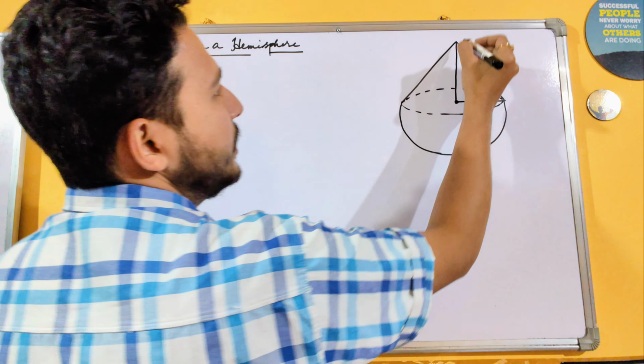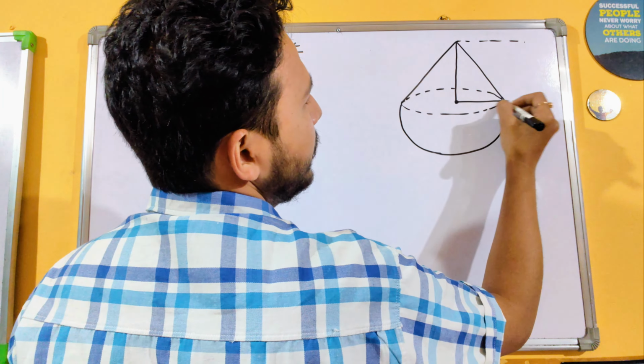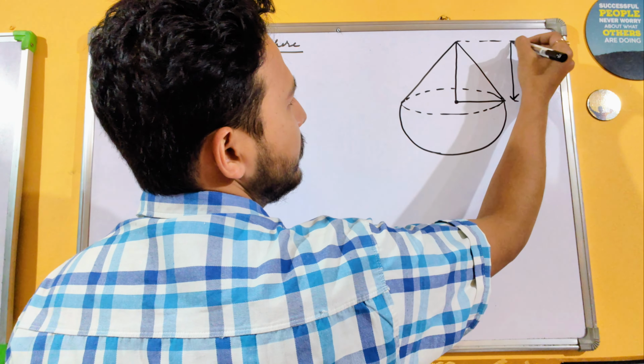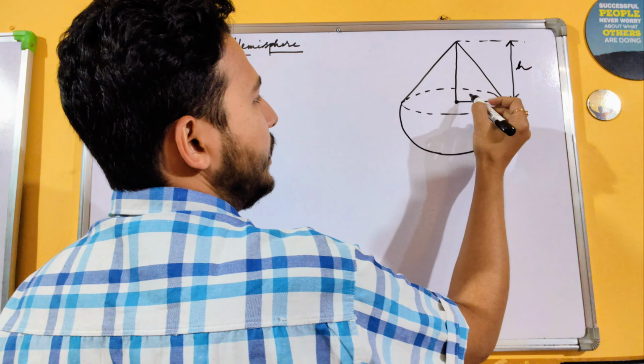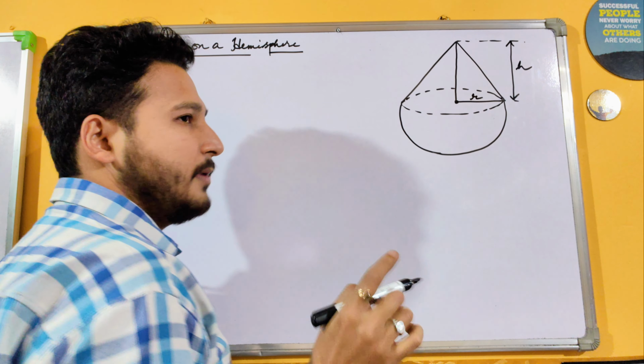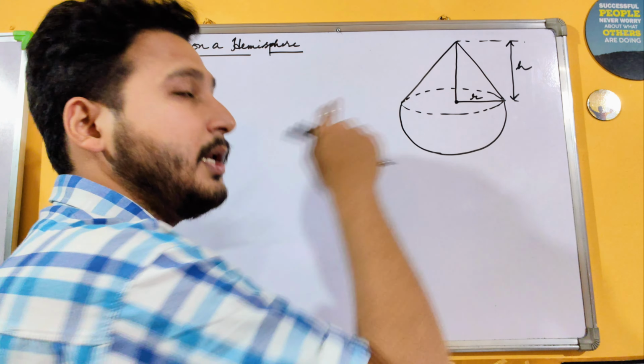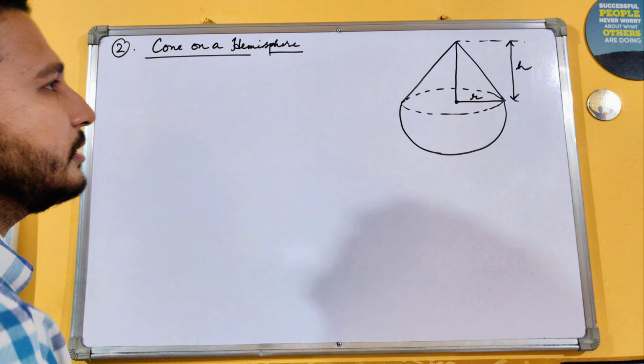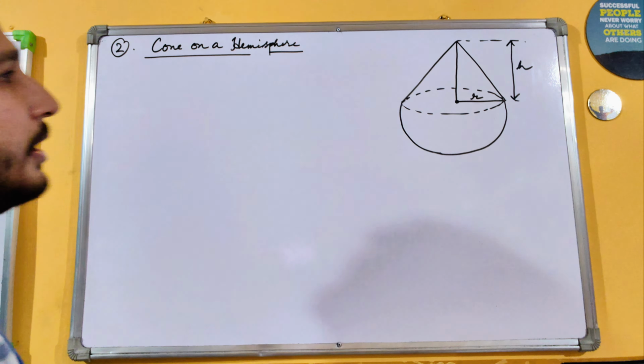Let the height be h. There is no height of the sphere, so let this be the radius. A sphere has only one dimension, that is the radius, and the others are diameter, circumference, and so many things.